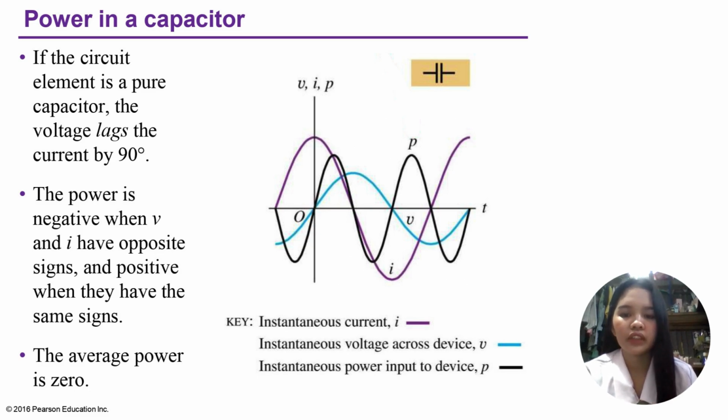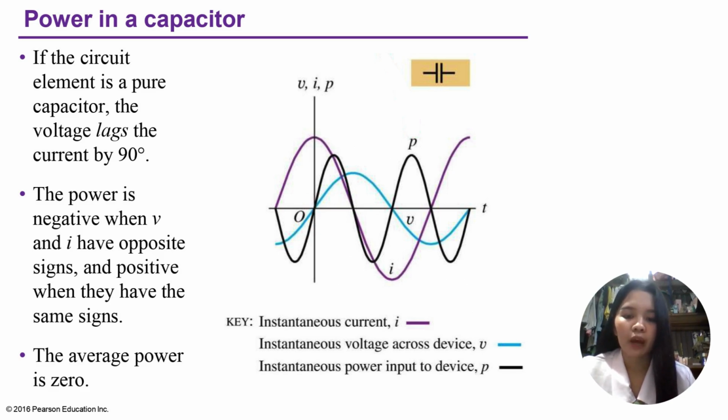Similar to an inductor, a pure capacitor does not dissipate energy on average. If the circuit element is a pure capacitor, the voltage lags the current by 90 degrees. The instantaneous power p equals vi and is sometimes positive and sometimes negative, indicating that energy is alternately stored in and released from the capacitor's electric field.